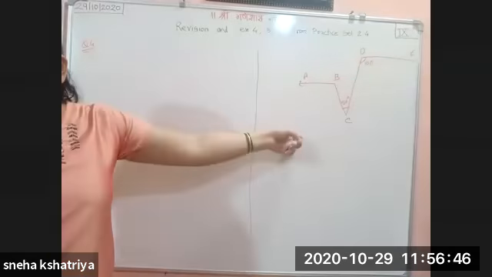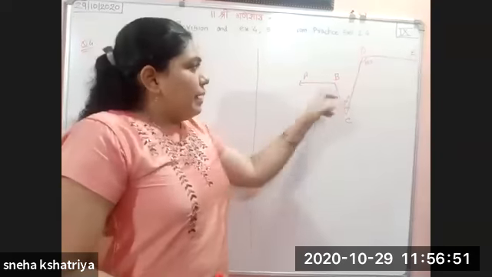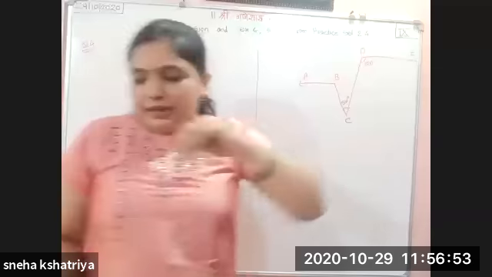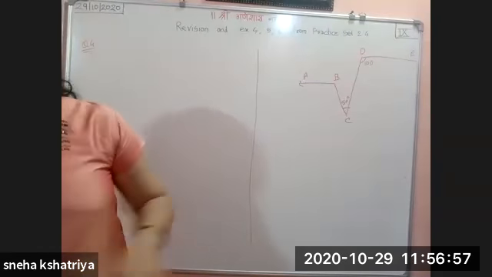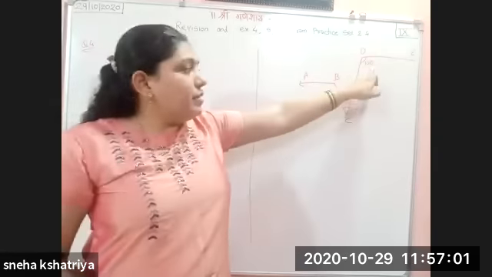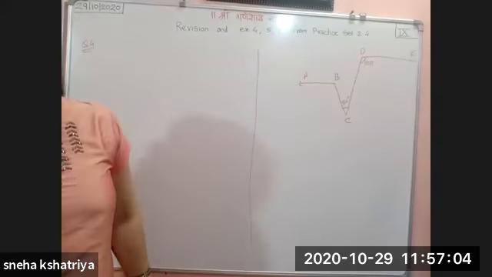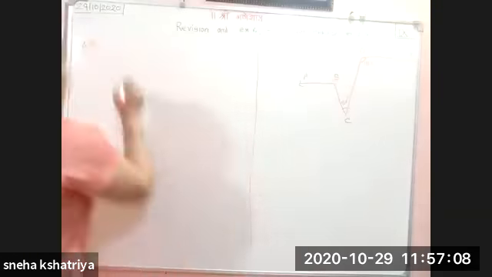In the figure, ray BA is parallel to ray DE. Angle C value is given 50, angle D value is given 100. Find the measure of angle ABC.